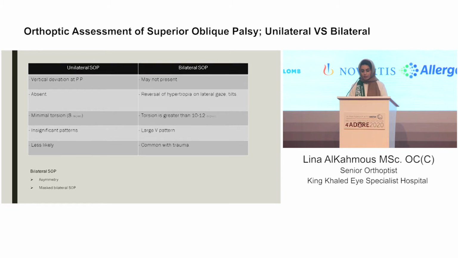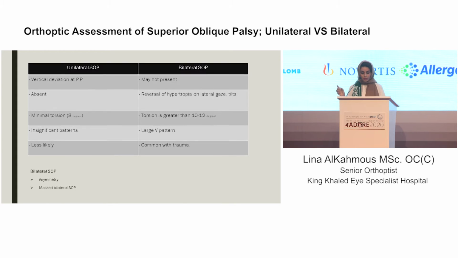In the bilateral cases, you would find a reversal of hypers, meaning on left gaze you would find a right hypertropia, and on right gaze you would find the opposite, and that's in all gazes and all positions. Left tilt, right tilt, it's all the opposite. So it's the reversal of hypers. This is a big sign of bilaterality, even if it's asymmetrical.